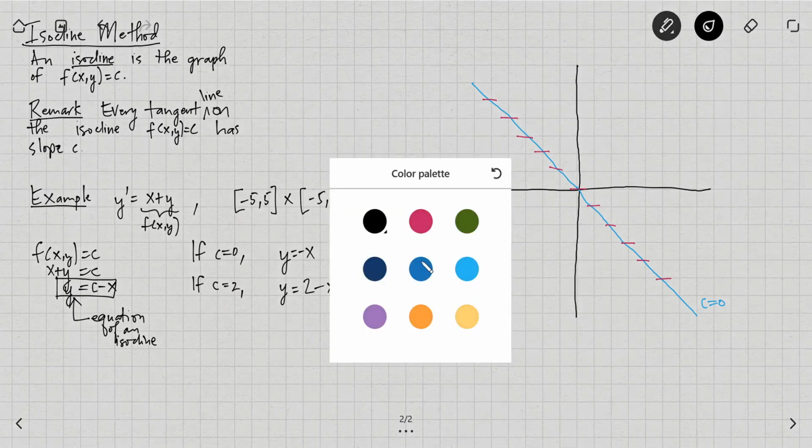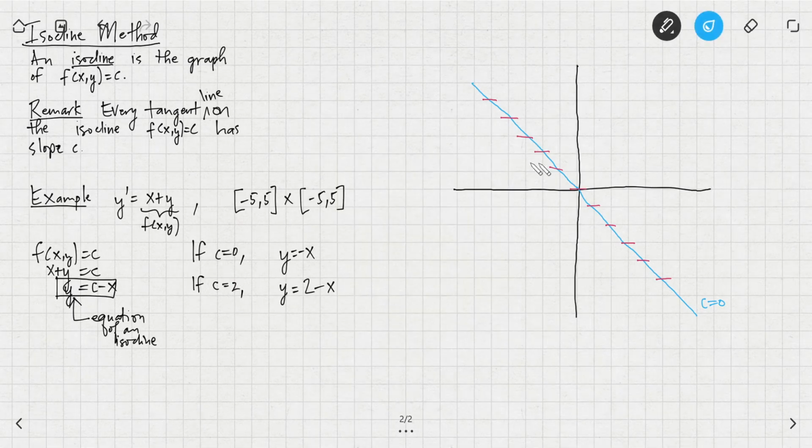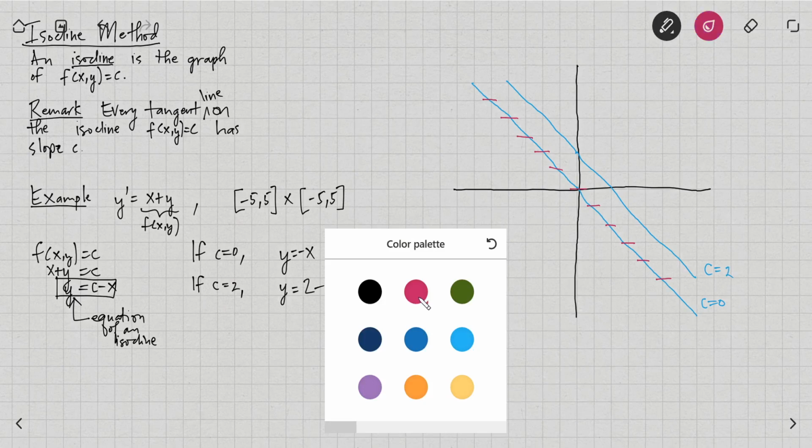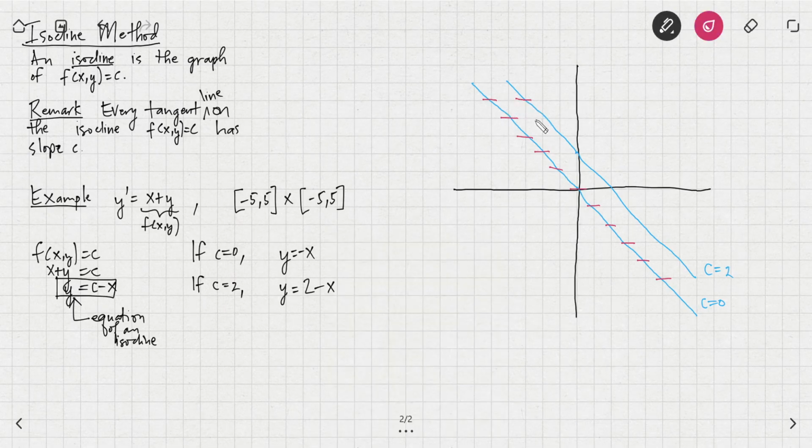So let me draw the isocline corresponding to c equals 2. Then let me draw the tangent line segments. Our slope now is equal to 2.